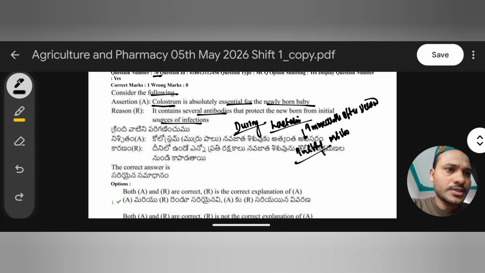That initial milk is nothing but colostrum, and colostrum milk is rich in very important antibodies. The main antibodies it contains are IgA, immunoglobulin A antibodies.